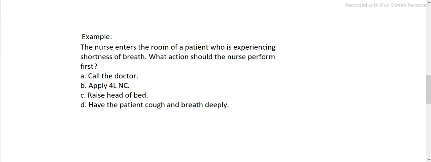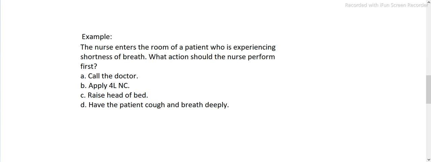So this question is, the nurse enters the room of a patient who is experiencing shortness of breath. What action should the nurse perform first? Okay, so let's break down the question first and find the topic. The nurse enters the room of a patient.